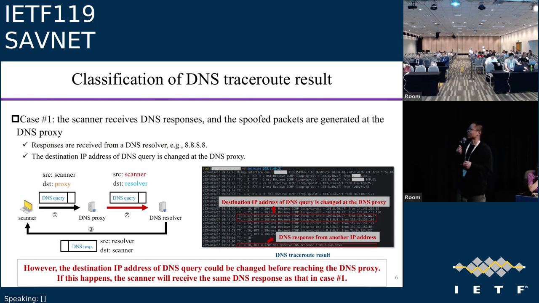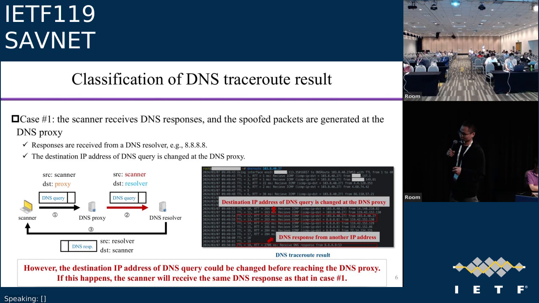There are some different results about the DNS traceroute. In case number 1, the scanner receives a DNS response, and the spoofed packet is generated at the DNS proxy. Look at this real case.